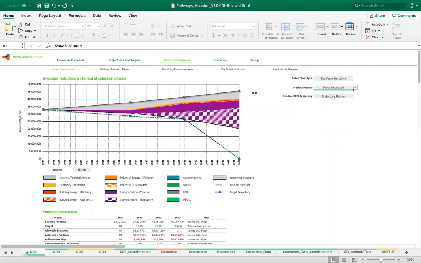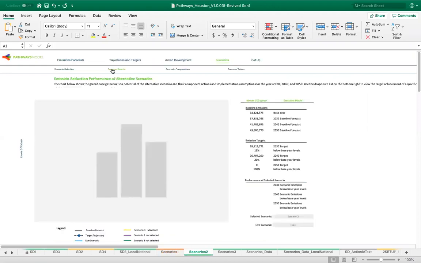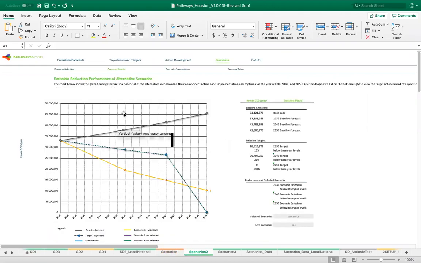I am cognizant that we're running up on time, and I do want to leave time for more questions and answers. So based upon that, let's take a look at the scenario piece. What we have currently is the ability to show our current scenario.